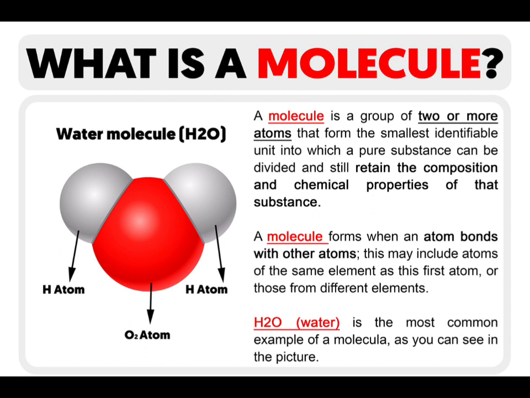Hydrogen gas is H2. Because it has 2 hydrogen atoms, the atomicity of hydrogen is 2. In the case of ozone, O3, the molecule is made up of 3 atoms of oxygen, so the atomicity of ozone is 3. And phosphorus is P4. Since it has 4 P atoms, the atomicity of phosphorus is 4.